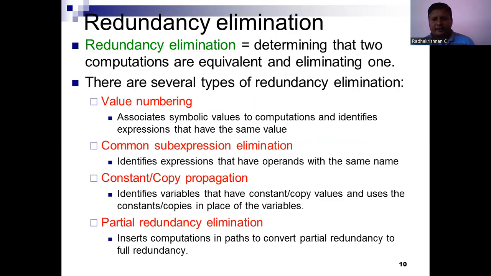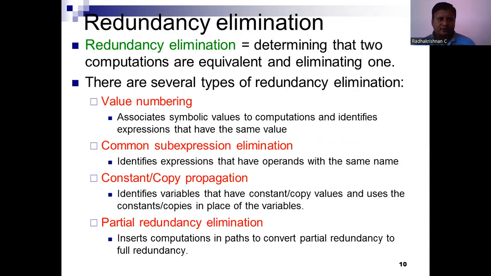There are several types of redundancy elimination: value numbering, common sub-expression elimination, constant propagation or copy propagation, and partial redundancy elimination. What is the meaning of constant and copy propagation? Constant propagation: we know very well the pi value 3.14. We directly use the constant value, which is very efficient.